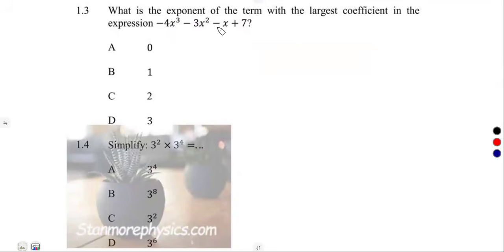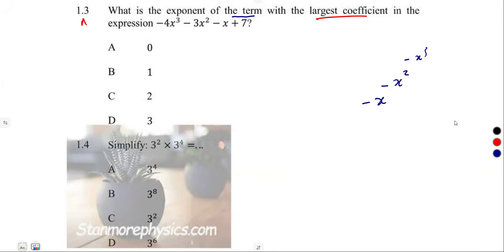What is the exponent of the term with the largest coefficient in the expression? That is our 1.3. When there is a coefficient, we must have a variable, like the coefficient of x, the coefficient of x squared, the coefficient of x cubed.